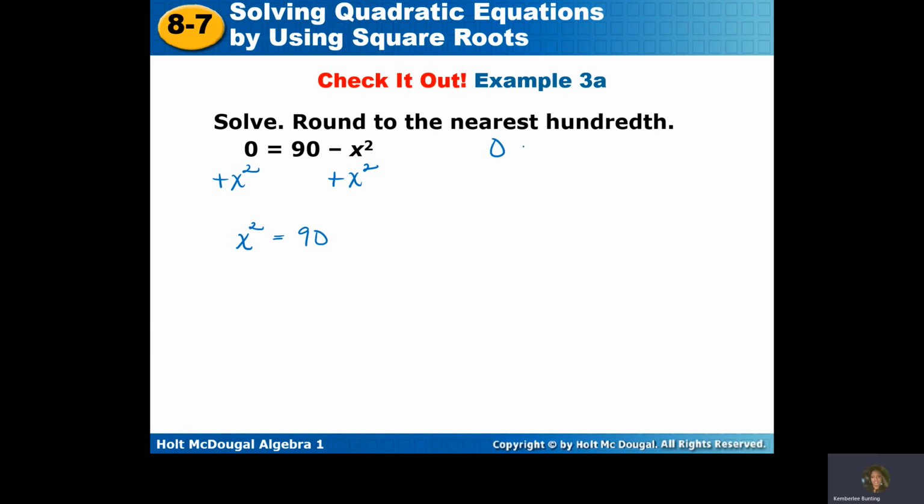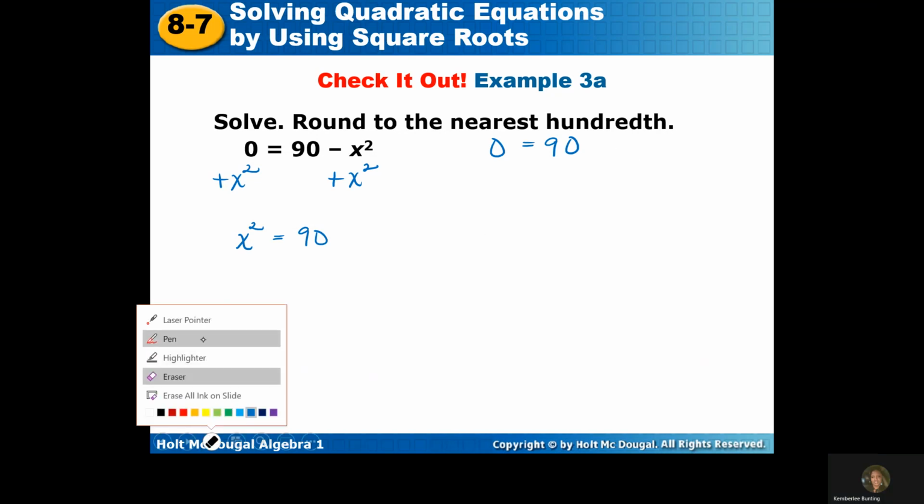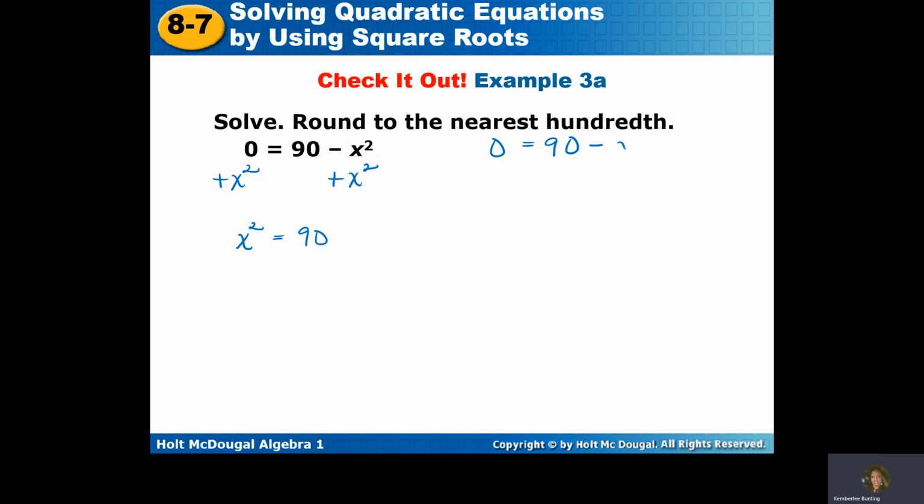Now, let me rewrite it. It would be of no consequence if you decided to subtract 90 from both sides. Wouldn't matter. You just have an additional step. So you'd have negative 90 equals negative x squared. Then you'd have to divide both sides by negative 1.